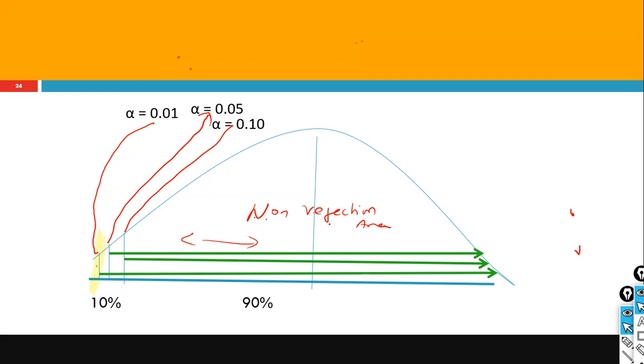It is reducing the non-rejection region area. You understood? So when you keep reducing the alpha value, the non-rejection region area size is getting bigger, bigger, bigger. In that case, sometimes even the false null hypothesis can fall in the non-rejection region area.